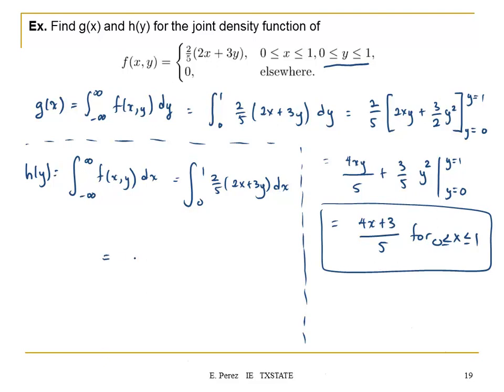And if you integrate that, you get 2 times 1 plus 3y over 5, and that's for y within 0 and 1.